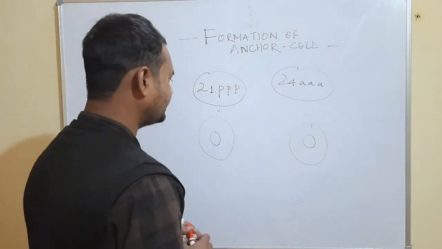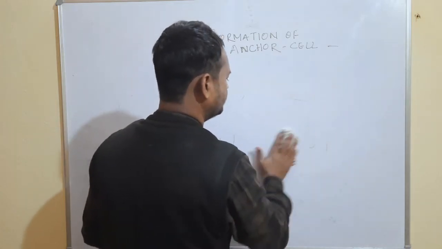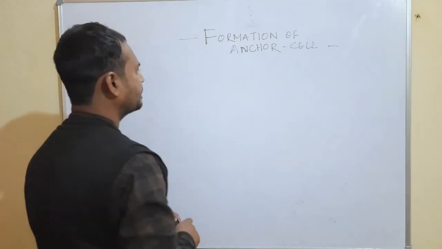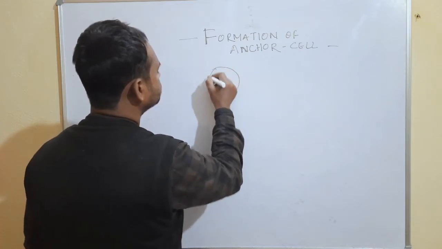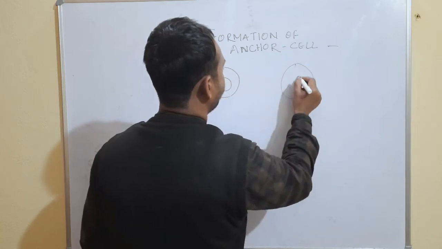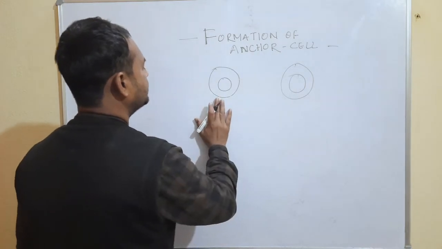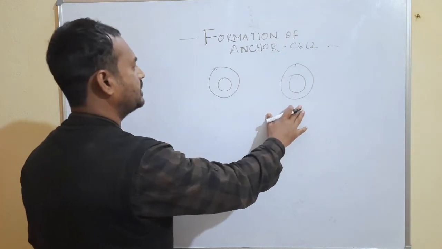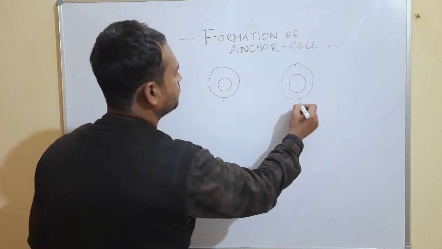If we talk about the initial phase of the development of the anchor cell, these two cells, that is Z1.ppp and Z4.aaa, will form two different proteins, called lin-12 and lag-2.